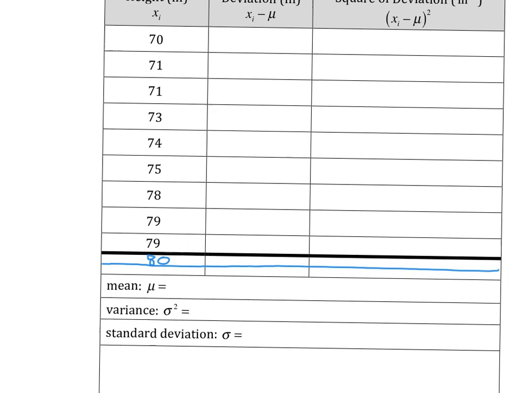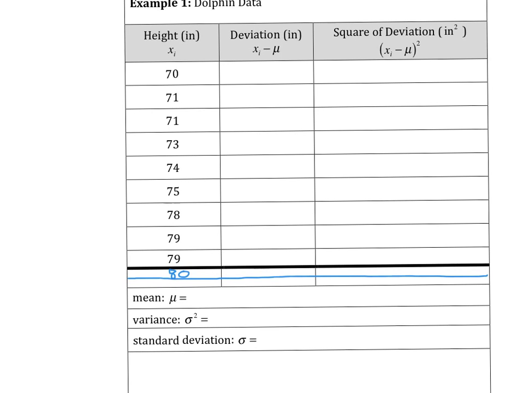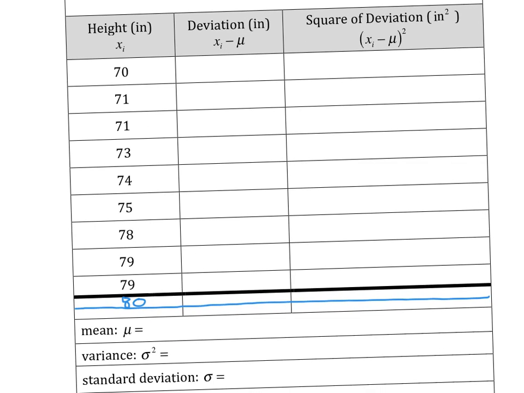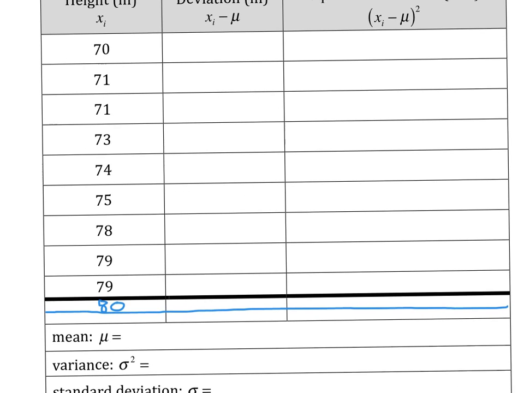All right, so squeeze in 80 there, or on the side. We do have to add everything up, so that's why I'm keeping it on the table and not just throwing 80 over onto the side. Okay, first off, we need to find out what the average is, remember that's called the mean. So what's the average of all this? Well, we're going to add up all of these numbers and divide by 10.